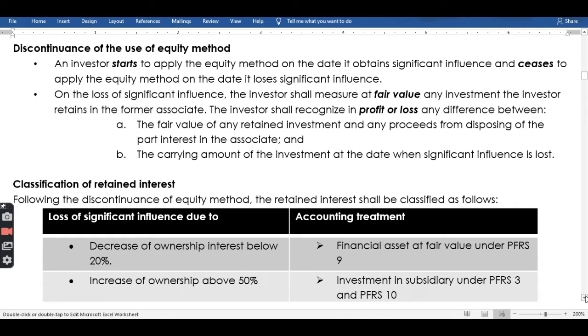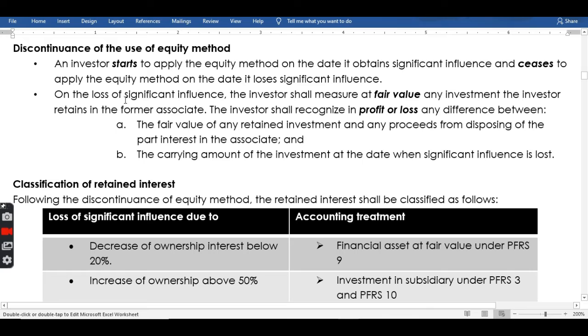Okay? So yun. Ngayon naman kapag bumaba yung ownership mo at hindi ka na pwedeng magkaroon ng significant influence, so bababa tayo, papunta na tayo sa IFRS 9 naman or yung ating financial instruments. So ganun lang yung gagawin natin dyan. So ang basic concept on the loss of significant influence, okay? So ito, tapos na to yung pag nagkaroon tayo ng increase in ownership, okay?